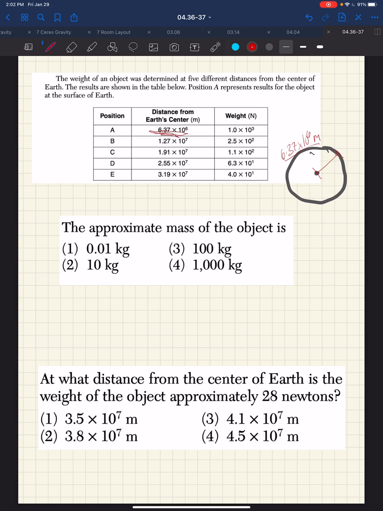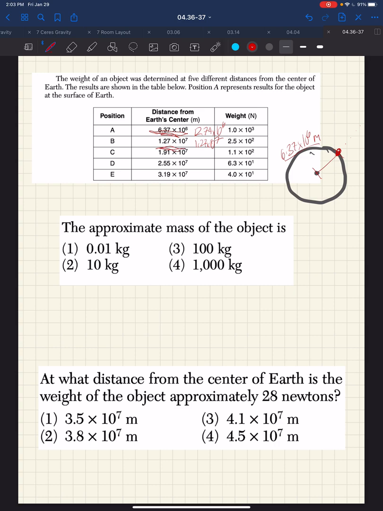And so that's what this is right here. This first is at the surface of the Earth. And from there, it increases. Double this distance would be 12.74 times 10 to the 6th, or 1.274 times 10 to the 7th.